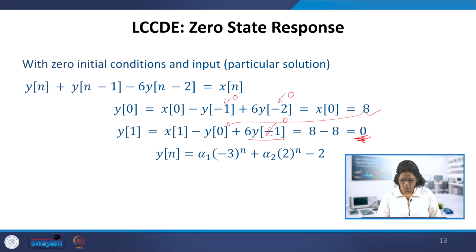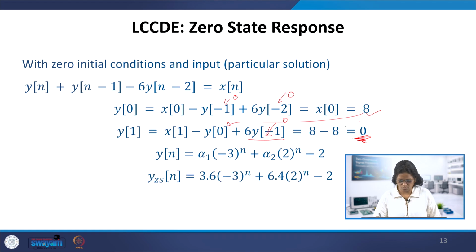So, y of 0 equal to 8 gives alpha 1 plus alpha 2, and y of 1 equal to 0 gives alpha 1 into minus 3 plus alpha 2 into minus 2. Solving these two equations for alpha 1 and alpha 2, you get 3.6 and 6.4 here.